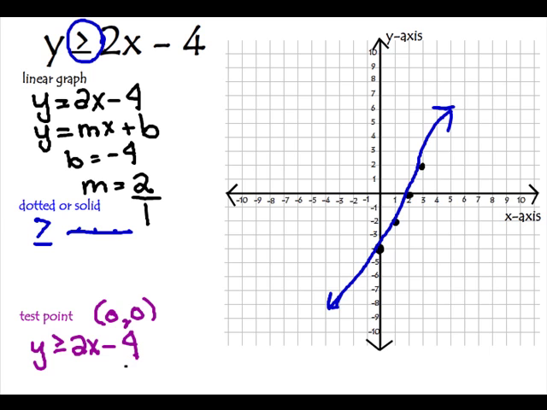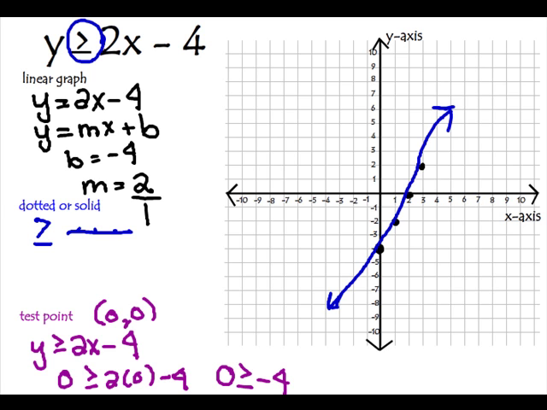That's my original inequality. Now I'm going to put 0, 0 in for my x and my y. So 0 is greater than or equal to 2 times 0 minus 4. Now 2 times 0 is 0, minus 4 is negative 4. So I'm going to have 0 is greater than or equal to negative 4.